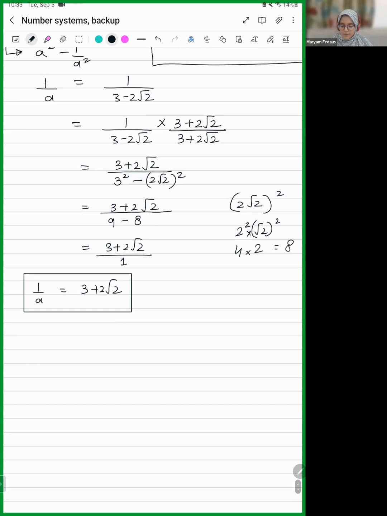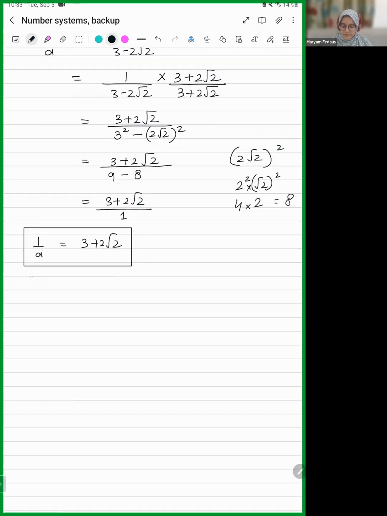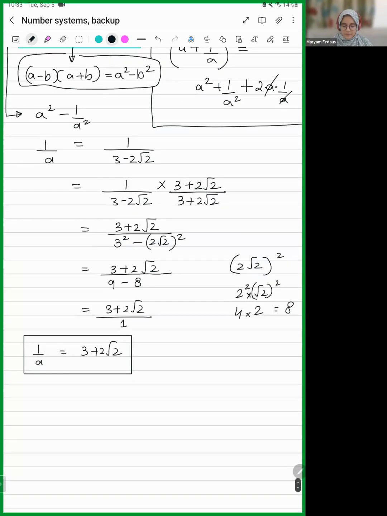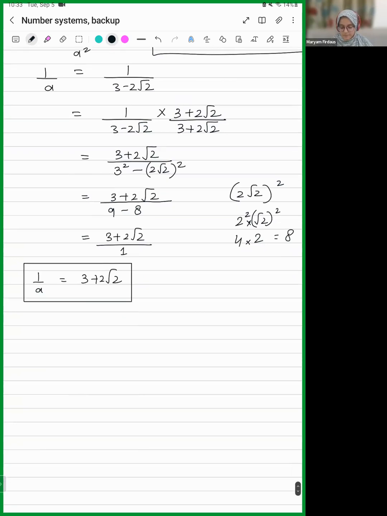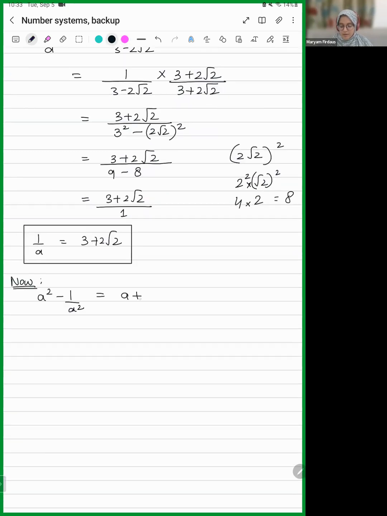We first found what is 1 by a. Then we are going to write a square minus 1 by a square, which we need to find. This is equal to a plus 1 by a multiplied by a minus 1 by a.